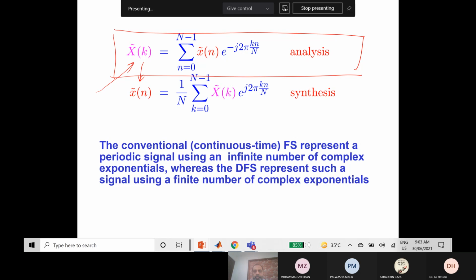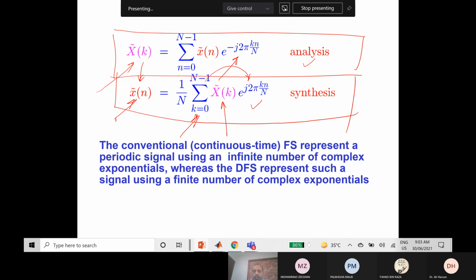So these formulas are important. This is the analysis formula, and this is the synthesis formula, which tells us that a periodic signal is nothing but a summation of N exponentials, where we can find the contribution of each by using this formula.